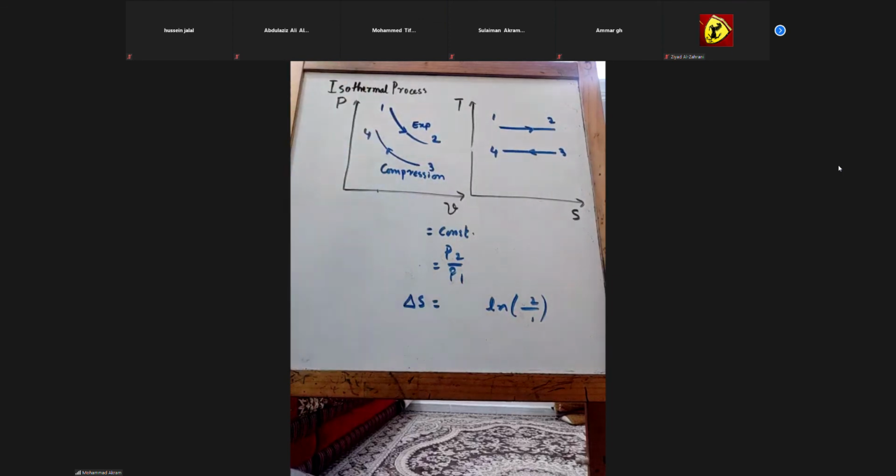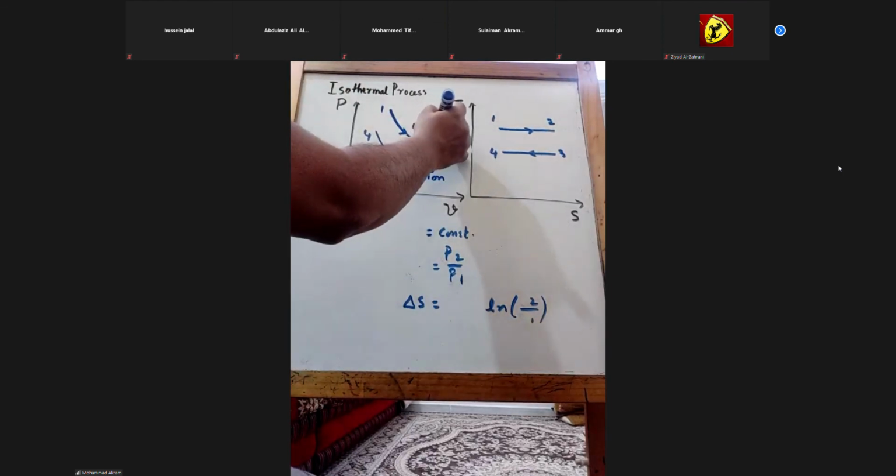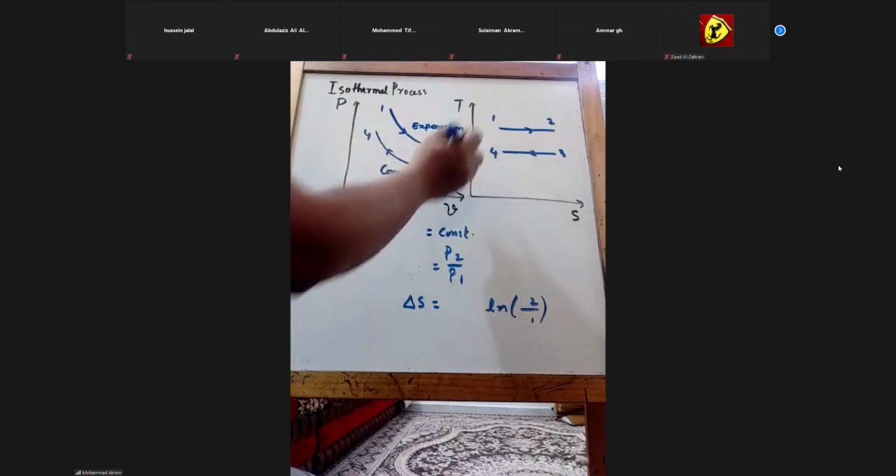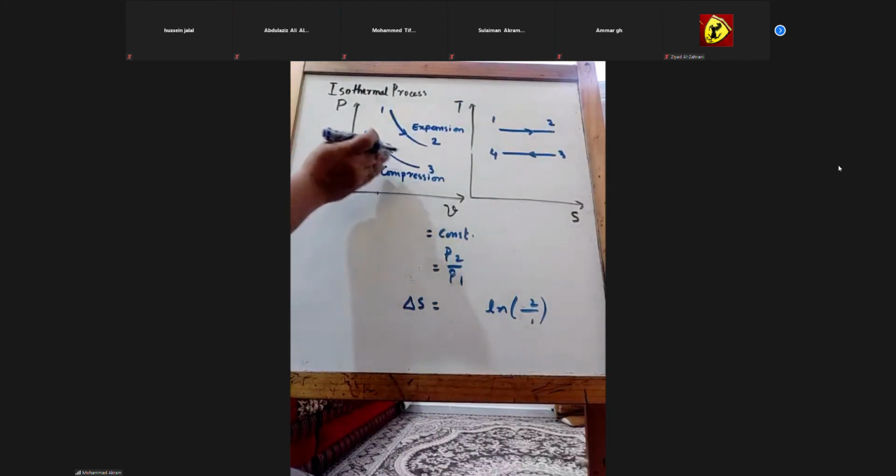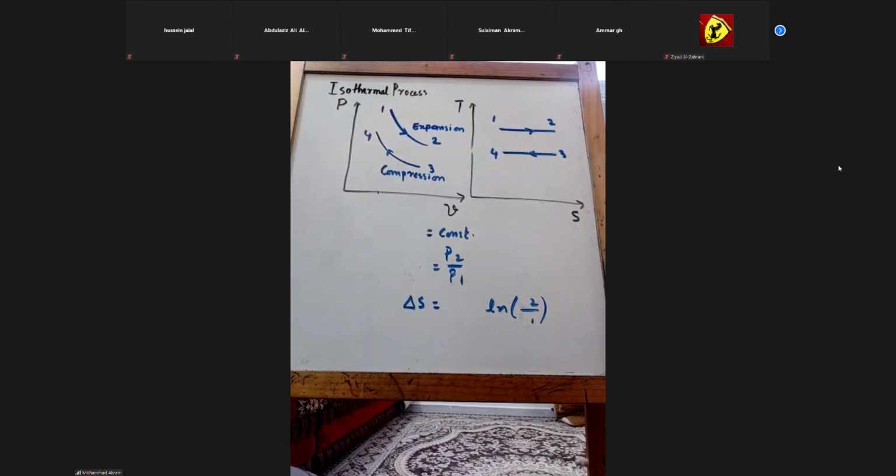Expansion means volume is increasing. Isothermal compression means volume is decreasing or pressure is increasing. Okay, we don't have heating or cooling. Before, in 2 examples, constant pressure heating and constant volume heating were there, right? But here now, constant temperature expansion or constant temperature compression.